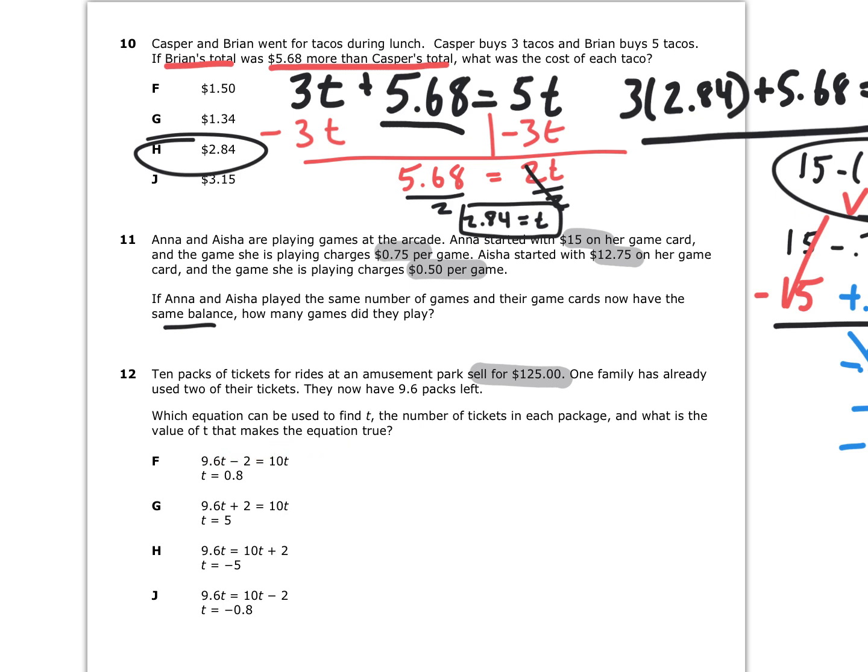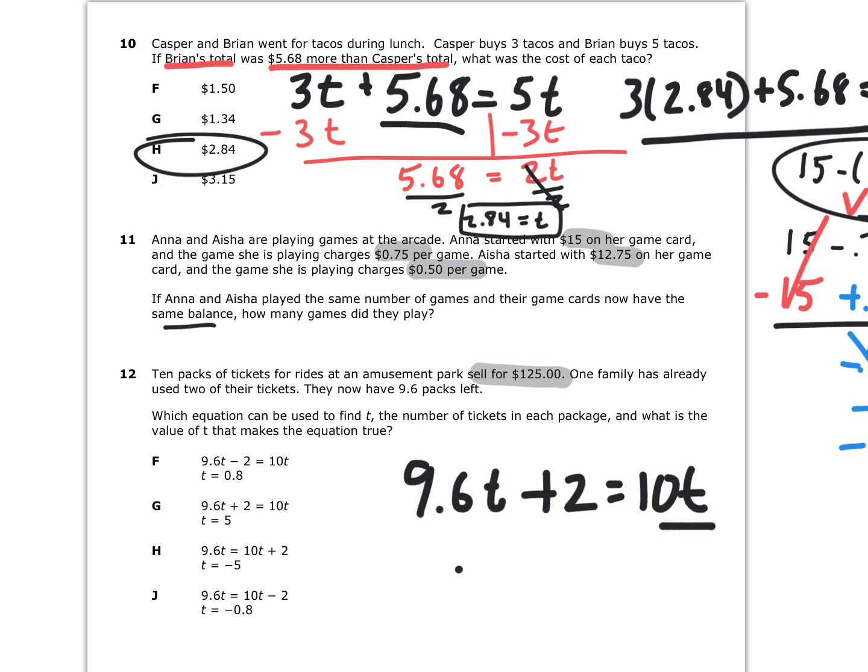Okay, so let's look at F and go from there. So 9.6 packets left, and they're saying take away 2 more equals the total 10 packets. Well, I've already taken the 2 away, so if I want to talk about the number of tickets total, I have to add those tickets back.